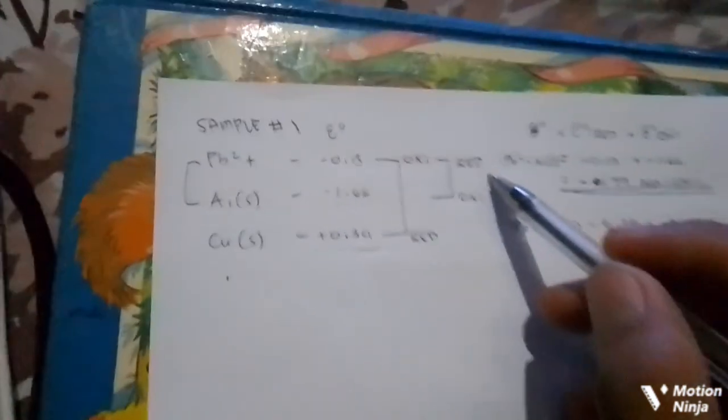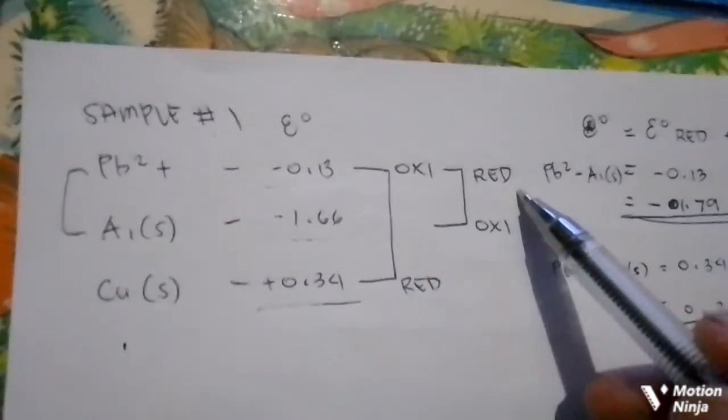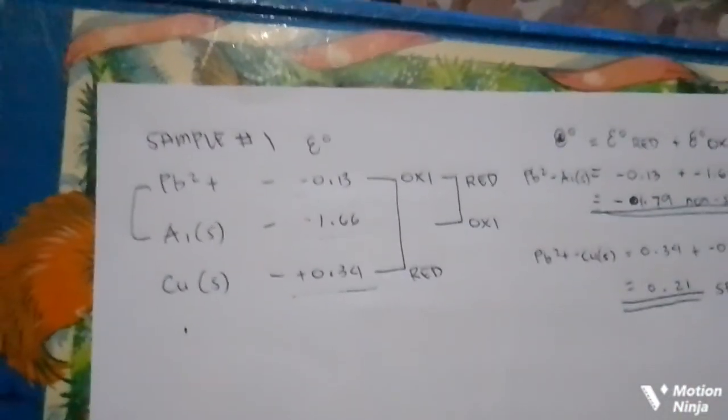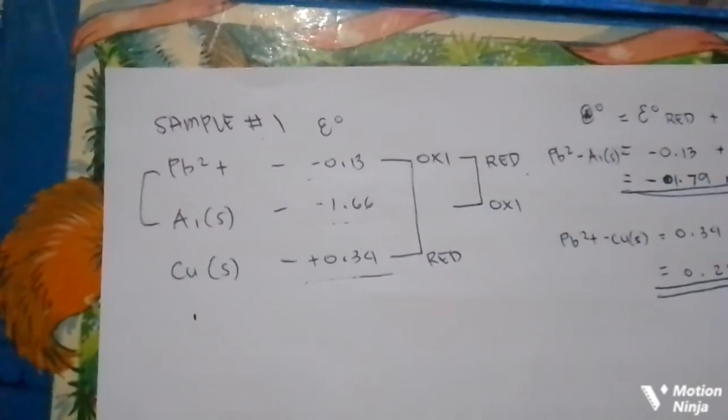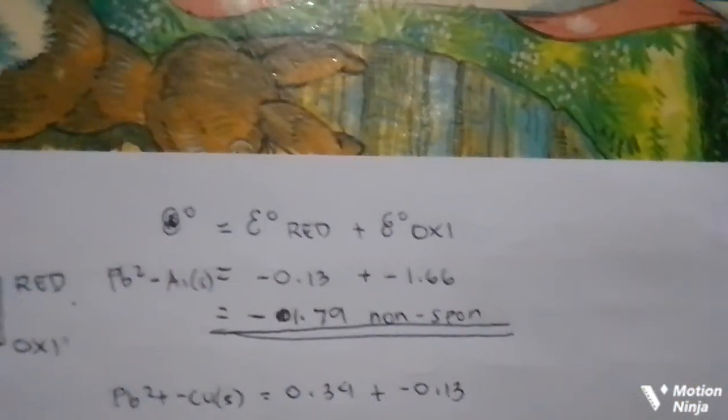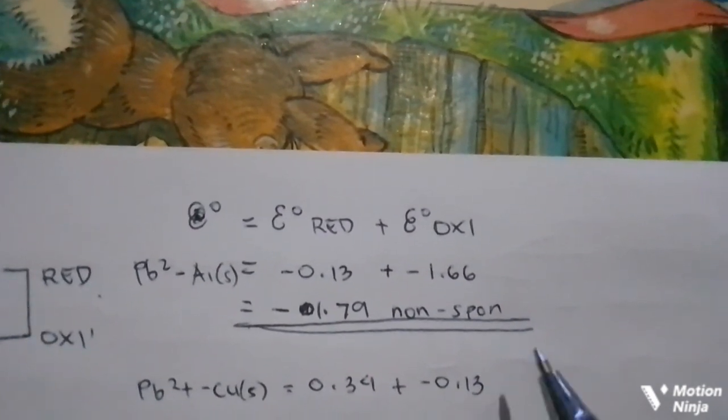For Pb and Al, Pb will become the reduction since it is not that negative, it is a lower number than Al. So Al will be our oxidation. Here is the calculation for Pb and Al.